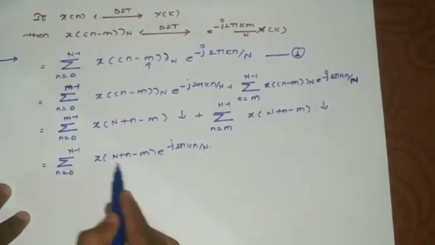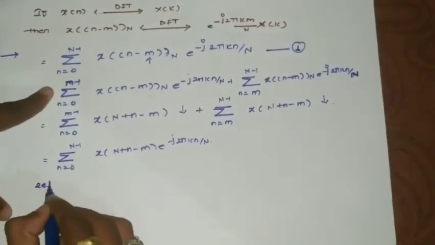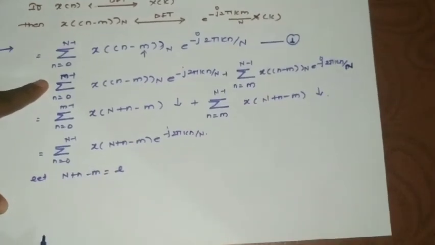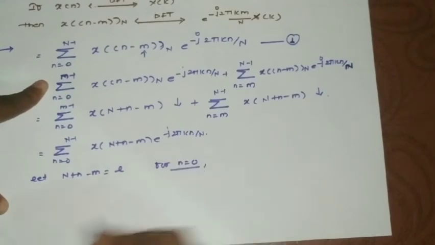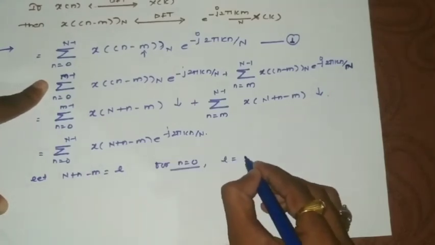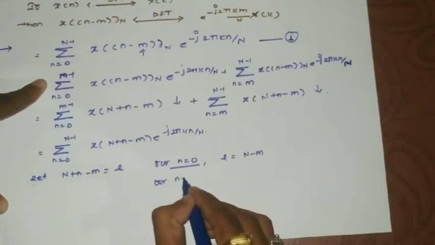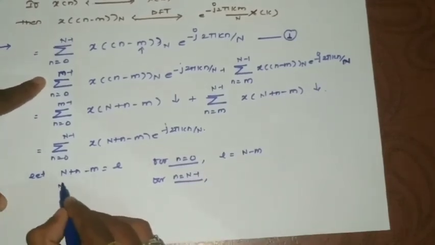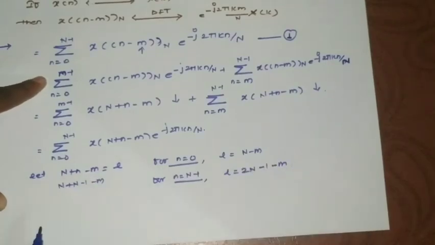Now, as you know, we want a single variable, so I can substitute this one with another term. Let this term be equal to L. So we have two limits. When I put n equal to 0, L becomes equal to n minus m, and for n equal to m minus 1, when I put it here, this is n plus m minus 1 minus m, so n minus 1.